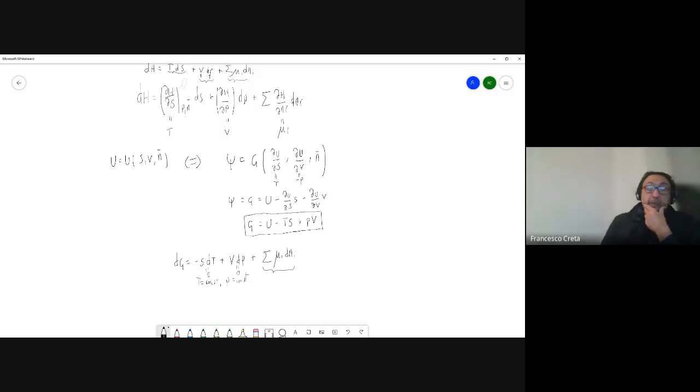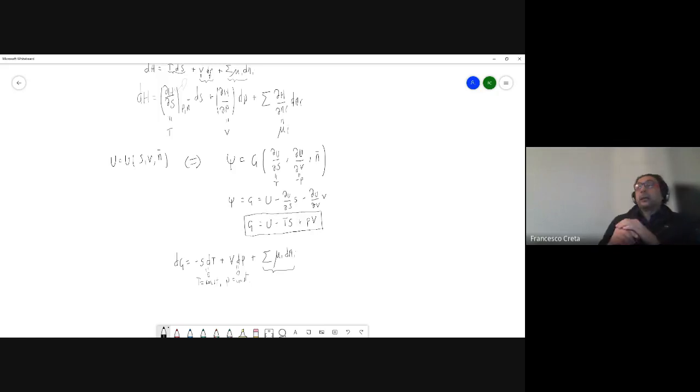This is why the Gibbs energy potential is really the most used in chemistry, simply because in an experimental setting, we're usually in these conditions of constant temperature and pressure.